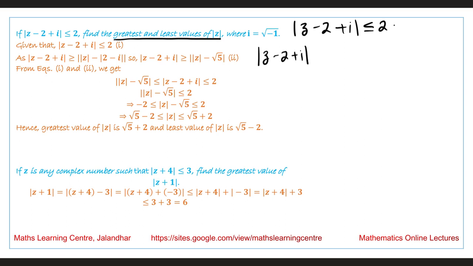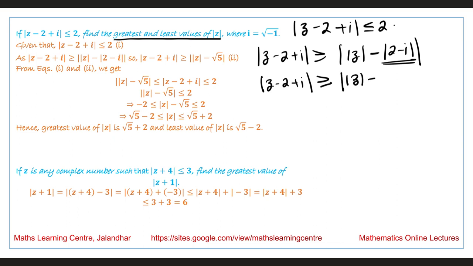We know that this is greater than or equal to mod of z minus mod of 2 minus iota. This formula we have already studied. Now what is the value of mod of 2 minus iota? It is the square root of 2 square plus 1 square, so that will be equal to square root of 5.